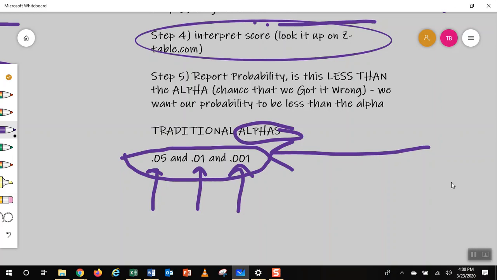This is your threshold, and we'll go into this in detail later, for how much wrongness you're willing to have. So if you got your z-score up above, you're going to see if that number is less than the alpha, in this case 0.05. If it is, then you say yes, that's correct.